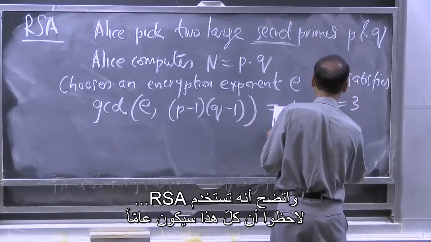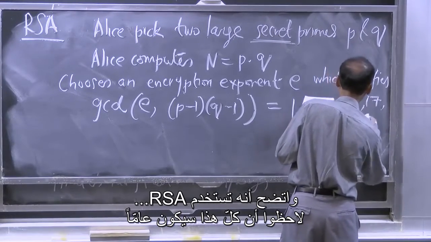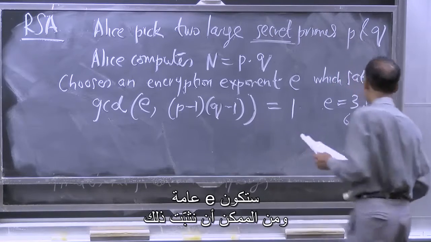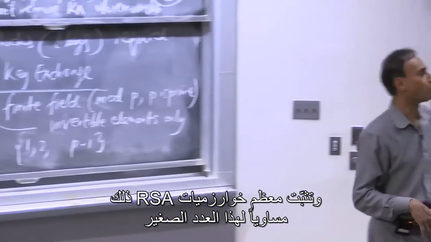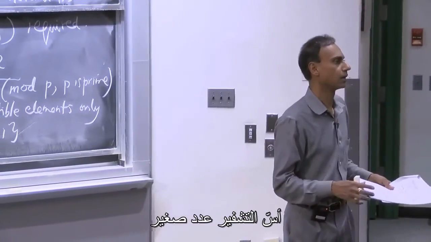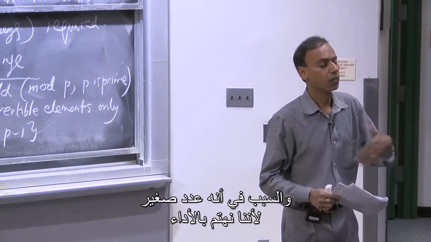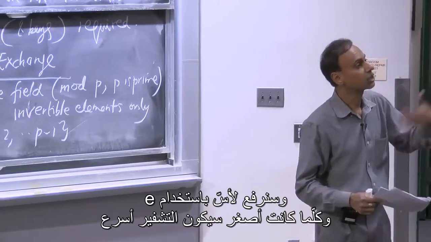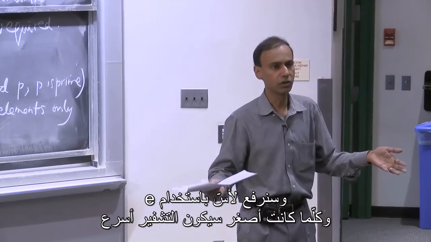And it turns out that RSA uses, this is all going to be public, by the way. E is going to be public, so you can just fix that. And most RSA algorithms just fix that to be this small number. The encryption exponent is a small number, and the reason it's a small number is because you're worried about performance, and we're going to exponentiate using E, and the smaller it is, the faster the encryption is going to go, right?